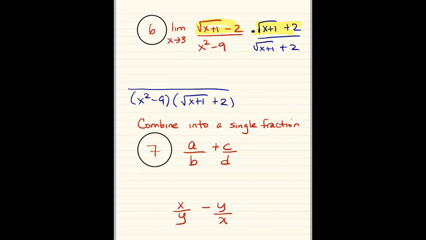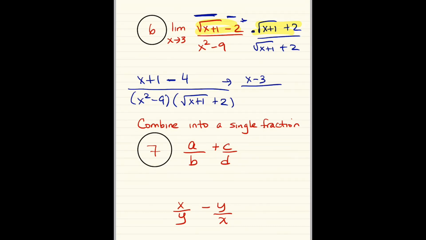So let's see. How do we multiply conjugates? Very, very simple. You take the first person and square them. So that person is x plus 1. Then you come to the minus sign, so you put the minus. Then you square the last person, 4. Okay? X plus 1 minus 4 is x minus 3.